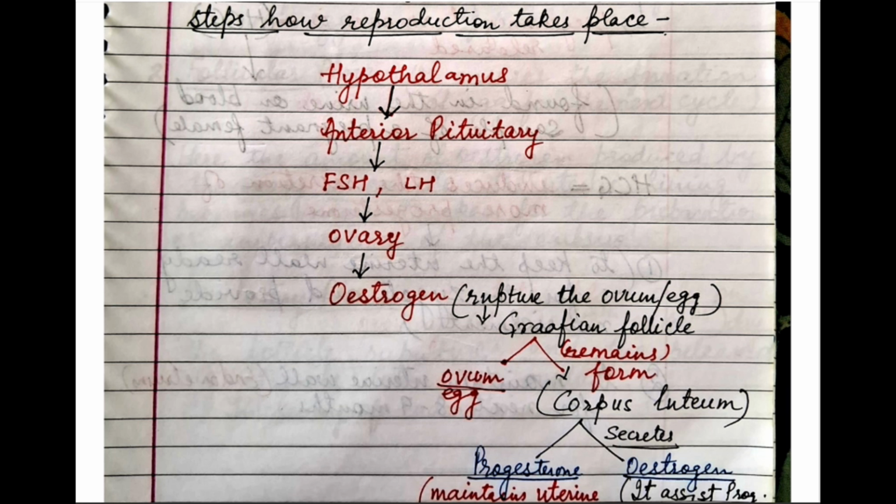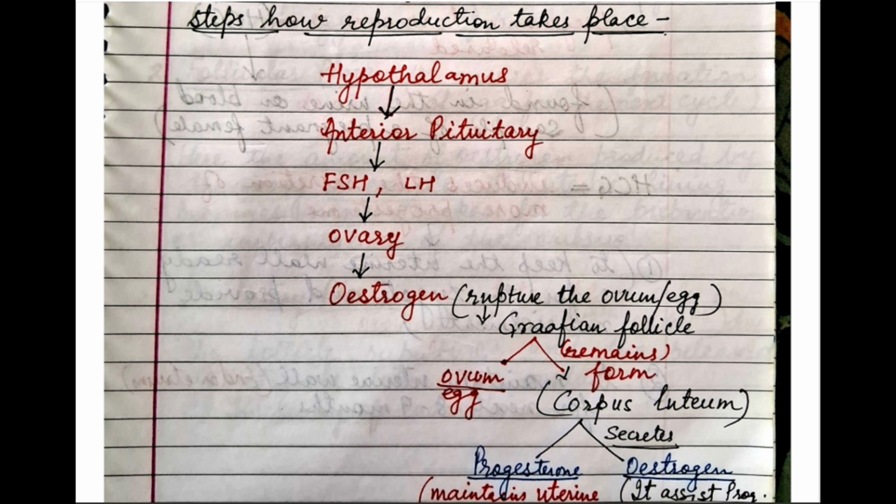Hypothalamus, then anterior pituitary, which releases FSH and LH that go to the ovary. They help to rupture the ovum, that is the egg inside the Graafian follicle, which we have already studied.